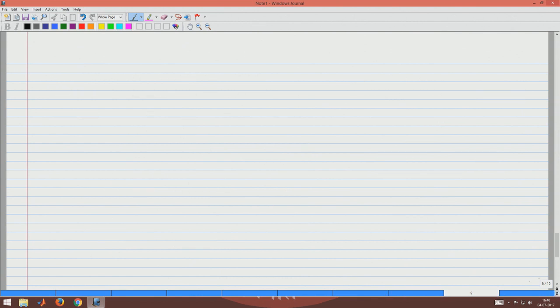Okay. So, next we move to the characterization of bipartite graphs. This is a theorem. A graph is bipartite if and only if it does not have any odd cycles.